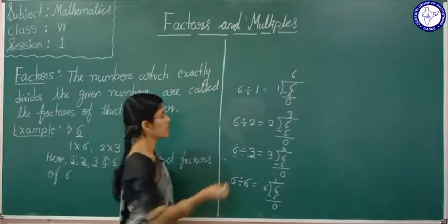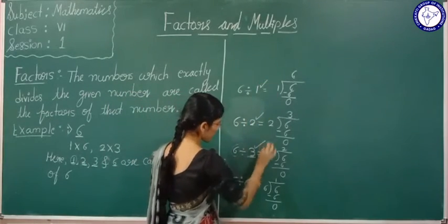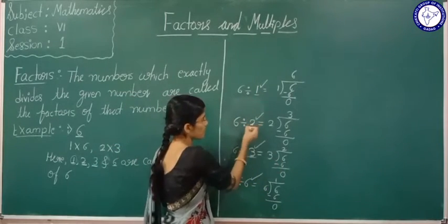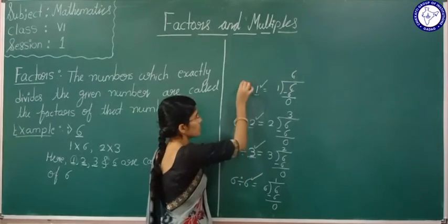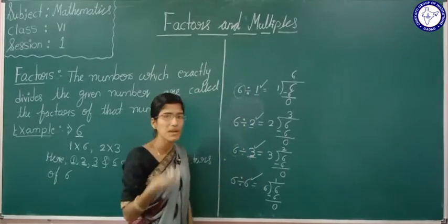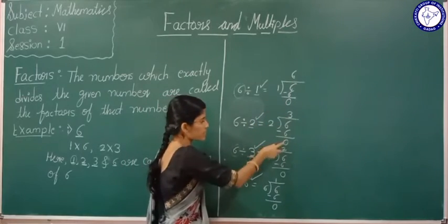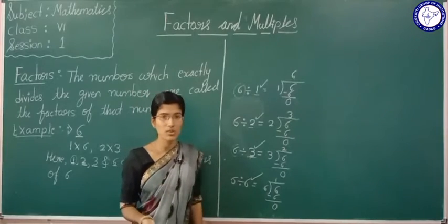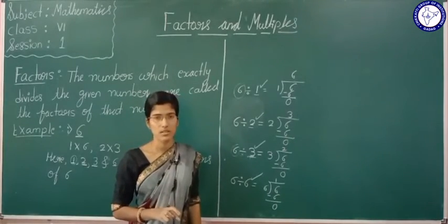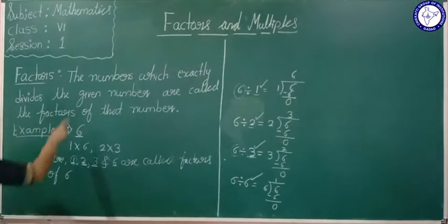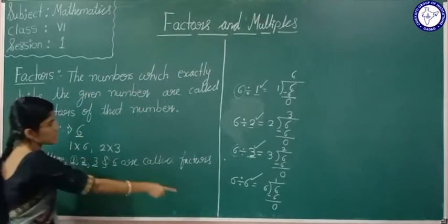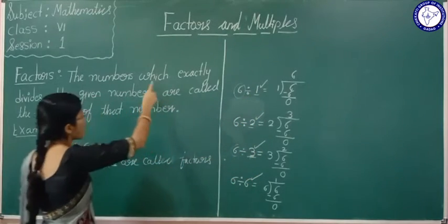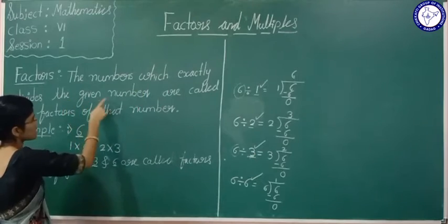Now see here, 1, 2, 3 and 6 are called factors of 6 because these numbers are dividing this number completely. Everywhere we are getting remainder 0 only. Then such numbers are called factors. That's why the definition says the numbers, which here are 1, 2, 3, 6, exactly divide the given number.